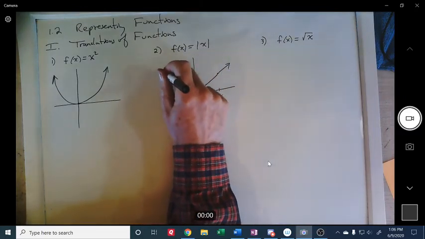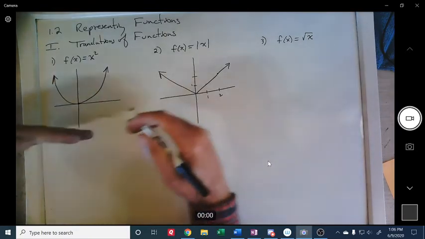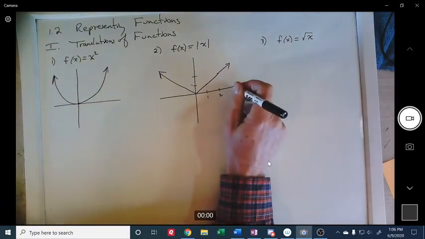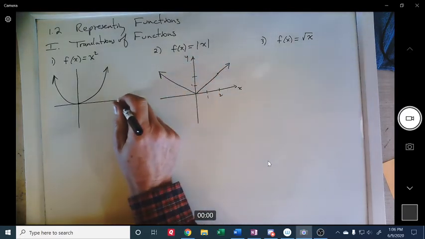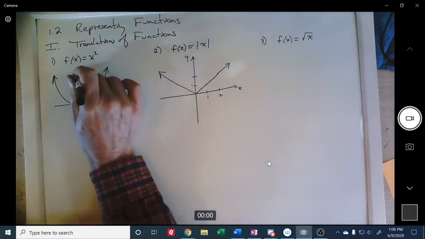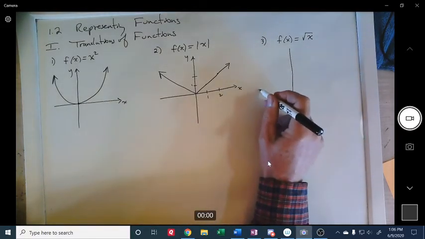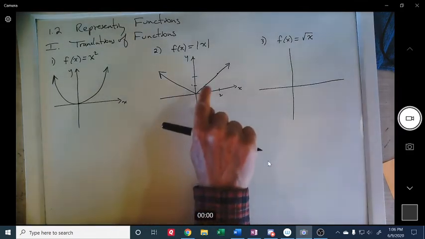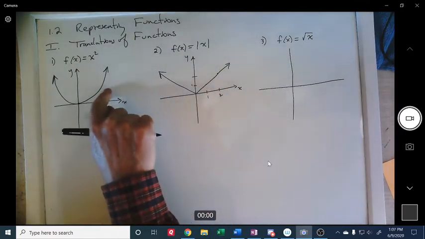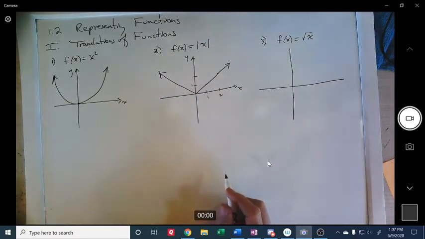But over on the left, both things never go below the x-axis. And this one, see, this one's not rising as fast as this one rises. And this one is rising even slower.